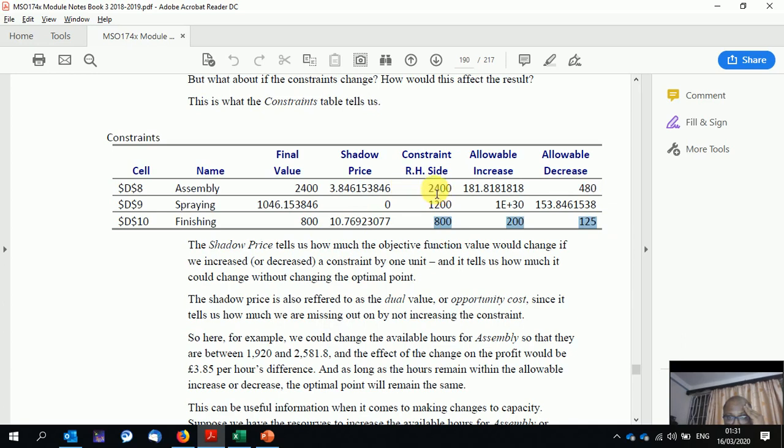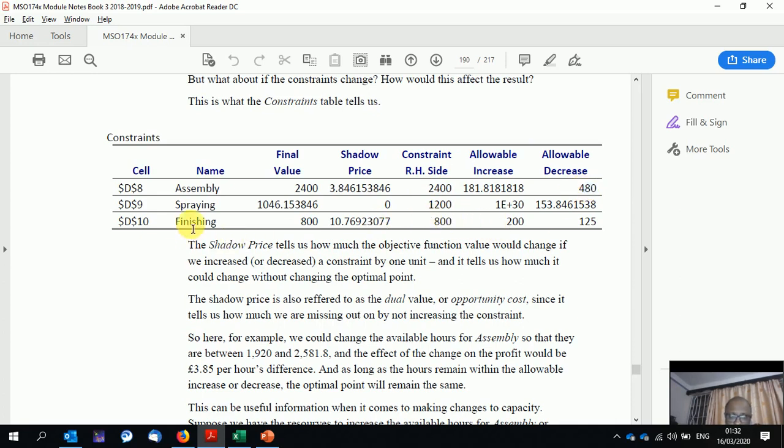This one was on the right hand side of the binding assembly. You were given 2400 hours. To what extent can it go up? It can go up to 2400 plus 181, that's 2581.8. Or how far can it go down? It's 2400 minus 480 hours on the right hand side.